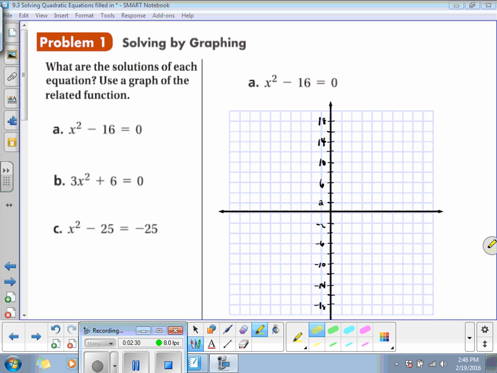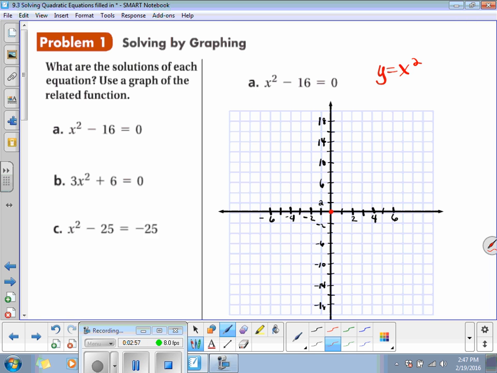All right. So the first graph that I want to put on this coordinate plane is the parent function. You guys remember the parent function is just y is equal to x squared, right? Okay. So when we graph the parent function, we're just graphing y is equal to x squared. Okay? So we've got 0 squared is 0.